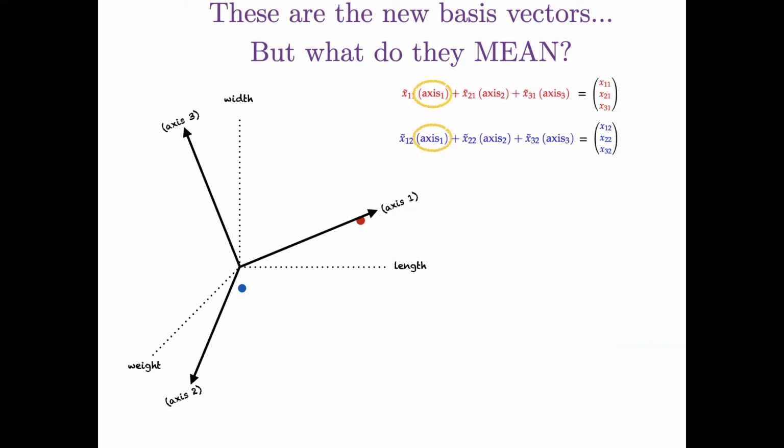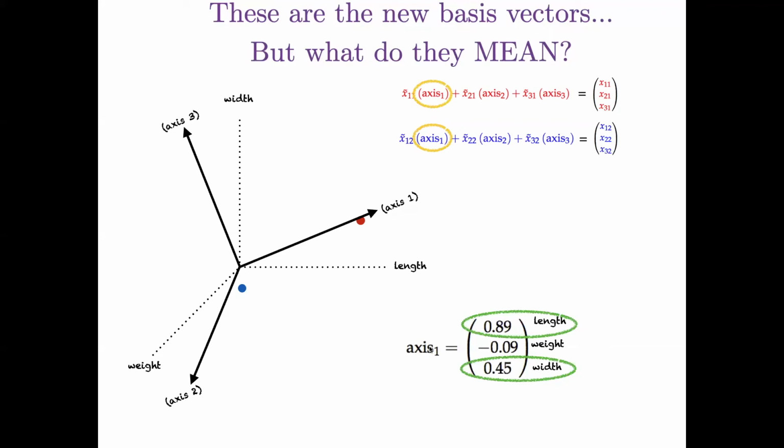I can do the same for the other axes, but first let's take a harder look at axis 1. It tells me that it's 0.89 times length, it's 0.45 times width, and just a little bit of some negative number times weight. So there's really two things that are factoring in largely to this axis, and it's length and width.